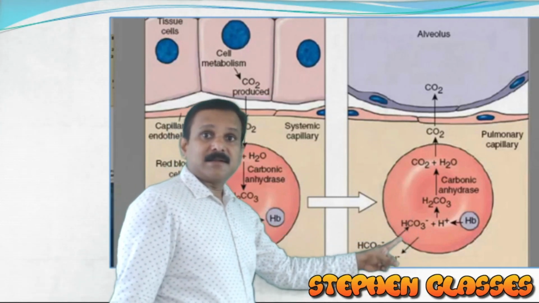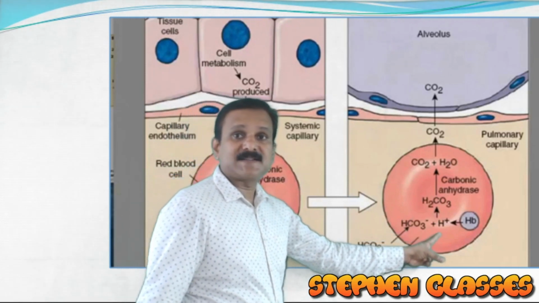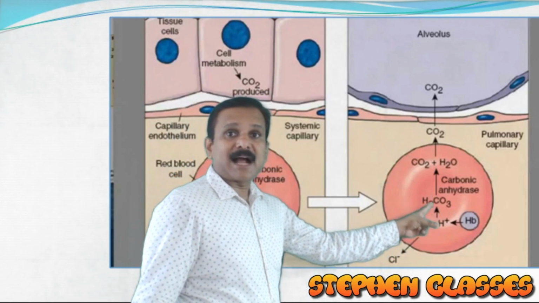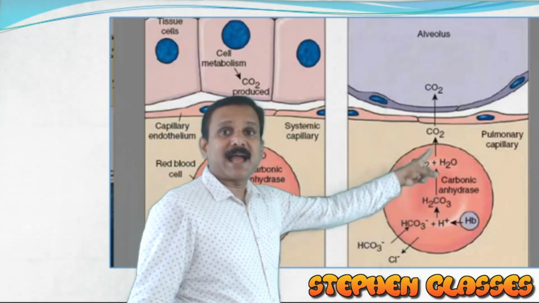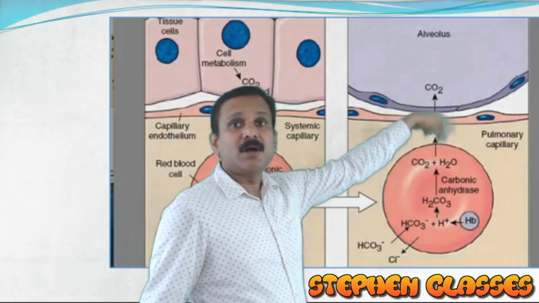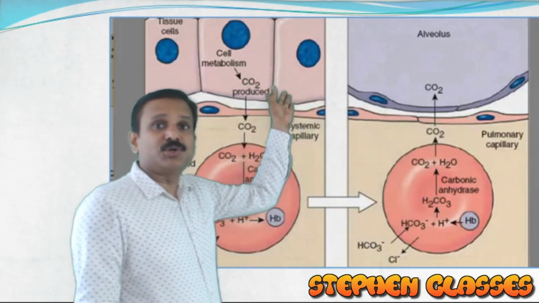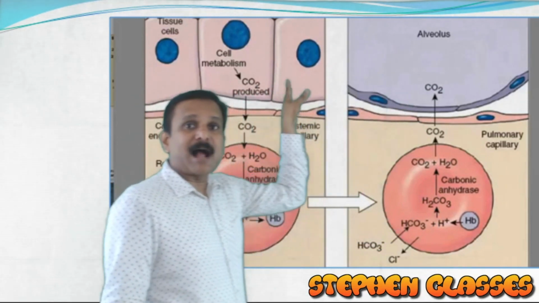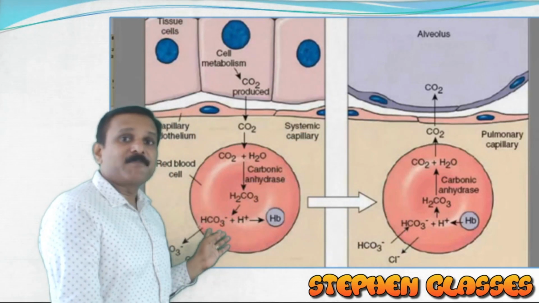Then these bicarbonate ions will combine with H plus to form carbonic acid, and carbonic acid in the reverse way will eliminate carbon dioxide, and carbon dioxide will reach the alveoli. So this is the way in which carbon dioxide is transported from tissue to alveoli, in the form of bicarbonates.